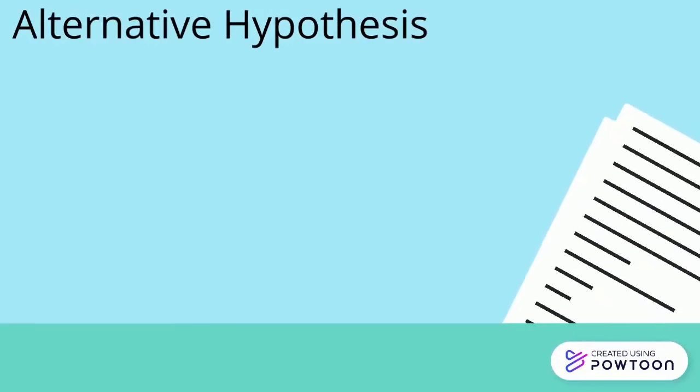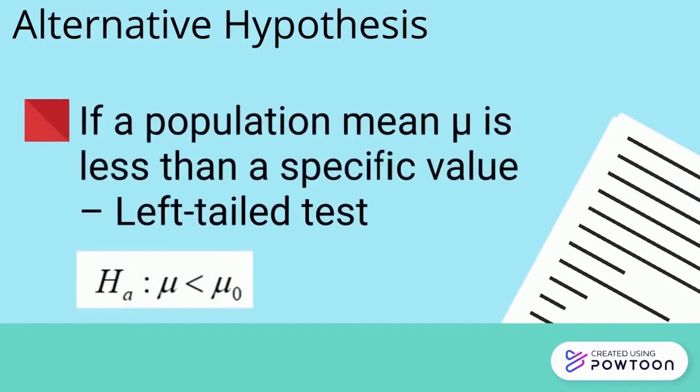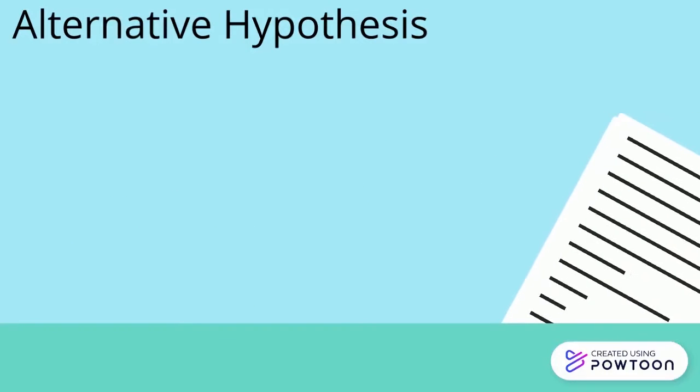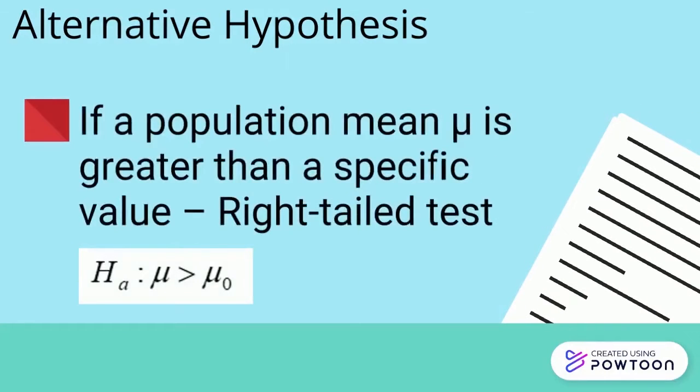Next, if a population mean is less than a specific value, it means left-tailed test, and we will use this formula. If a population mean is greater than a specific value, it means right-tailed test, and we will use this formula.